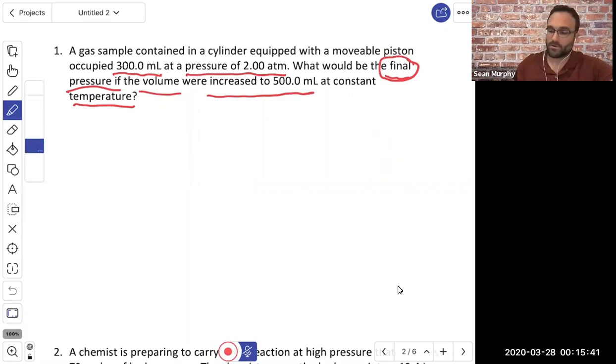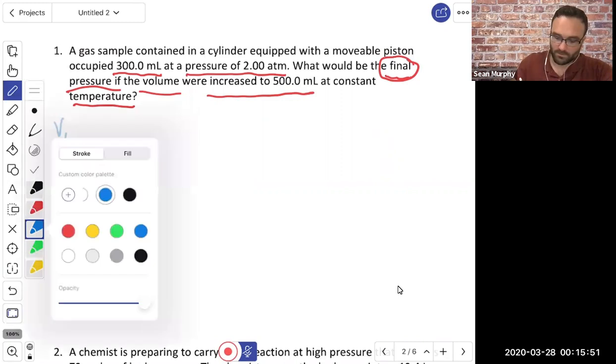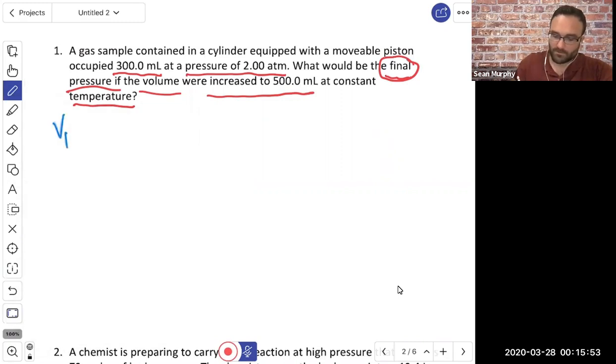All right, so when we have our first volume, our V1, let me make that a better color. Our V1 was 300 milliliters. Our first pressure was 2.0 atmospheres. What would be the final pressure?